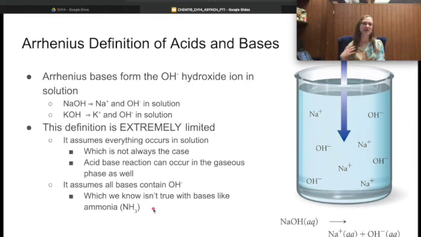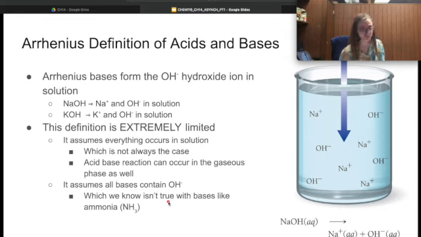Even though this was a good jumping off point, a good working definition for the time, Arrhenius acids and bases was the first stab at it, but we'll learn a little bit more about a more complex definition that's broader and helps us apply the term base to compounds like ammonia that don't necessarily have that OH minus directly in the chemical formula.